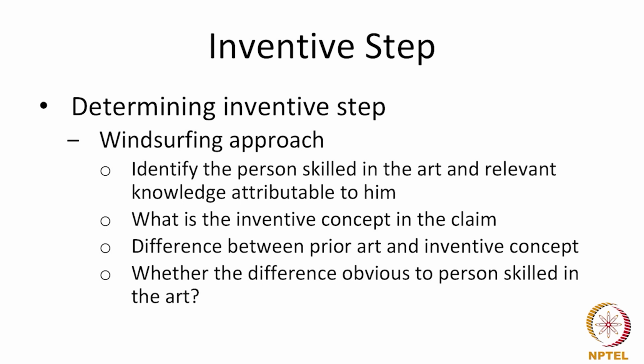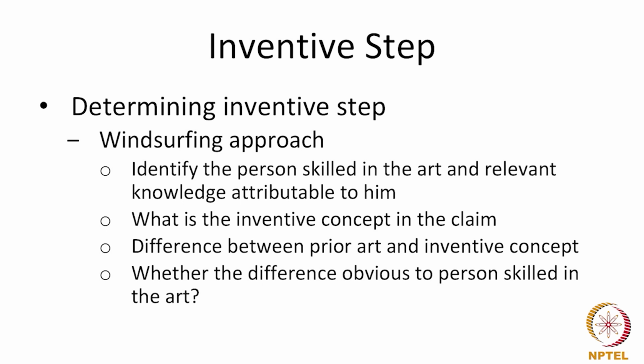The first thing would be to identify the person skilled in the art. The first step is to identify, and the person skilled in the art is a notional person, it is not a real person. First you identify the person skilled in the art, and you identify the relevant common general knowledge of that person. The common general knowledge is a term that is used to describe the knowledge that is attributable to a person skilled in the art.